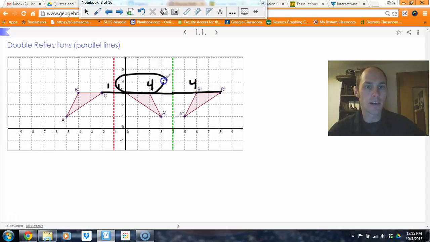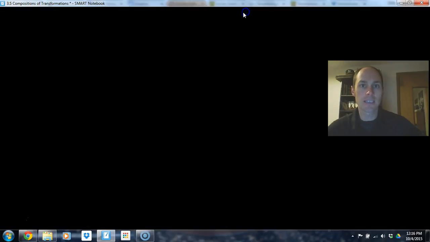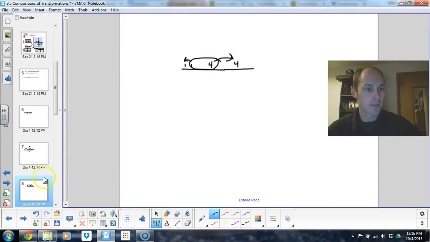So this total in here gets reflected out both ways. That proves why this length between the lines of reflection will be double as we compare these other 2 points. So if we say D is the distance, we can record that in our notes here.